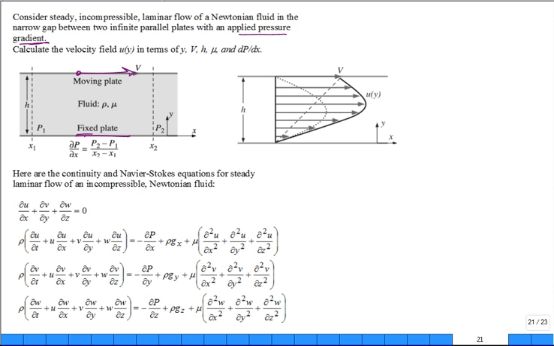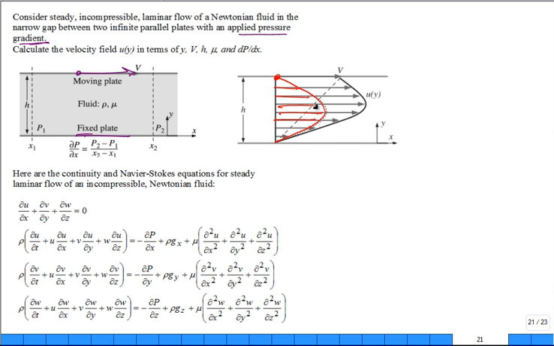So before, if you had no pressure gradient, the velocity profile looks like this. The top plate's moving, and there's no pressure gradient. Or if the top plate's not moving and there's a pressure gradient, the top plate and the bottom plate aren't moving, the velocity profile looks like this, doesn't it?